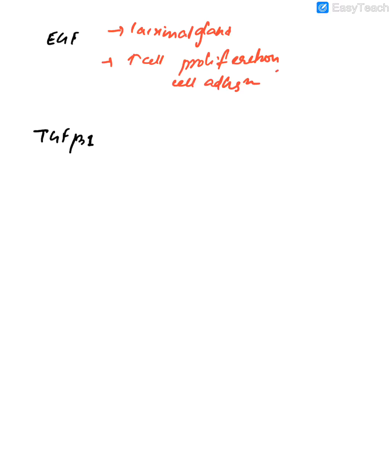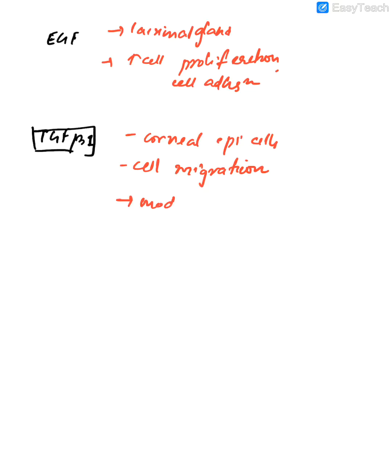TGF beta 1 is synthesized by corneal epithelial cells. It helps in cell migration. It modulates the effect of EGF on the epithelium for the attachment of the cells to the fibronectin.